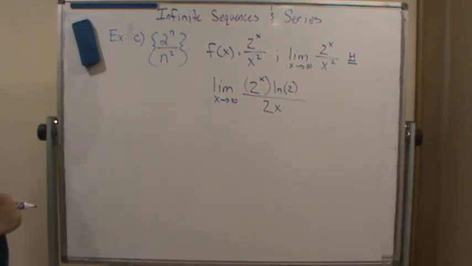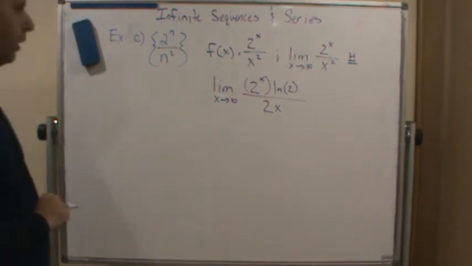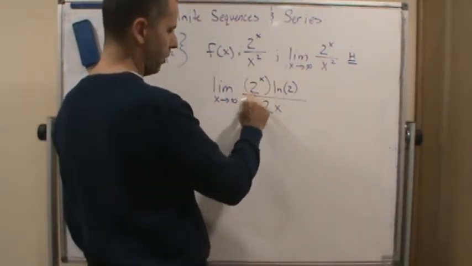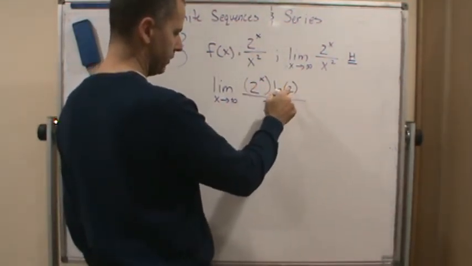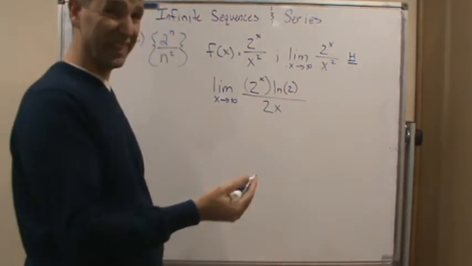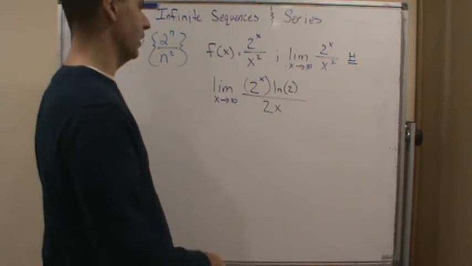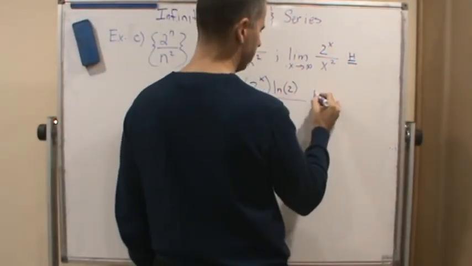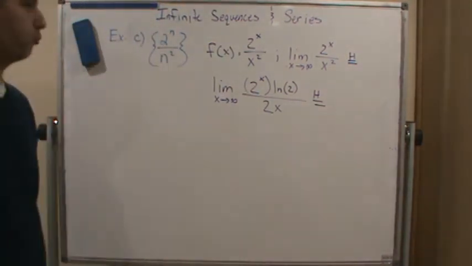Okay? Now, what happens to this as we go off to infinity? Well, this is going to go off to infinity, this is going to go off to infinity, so we still get infinity over infinity. So now we're going to do L'Hopital's rule again.